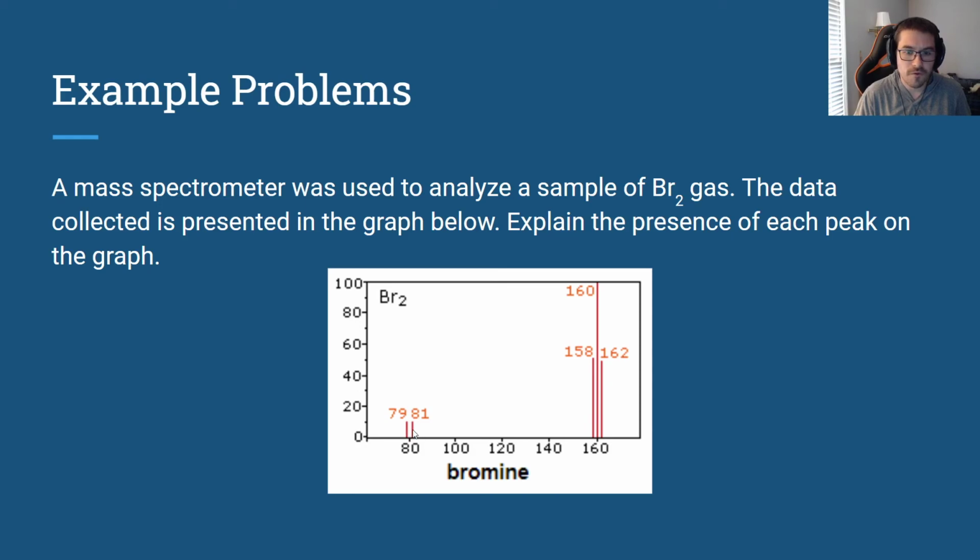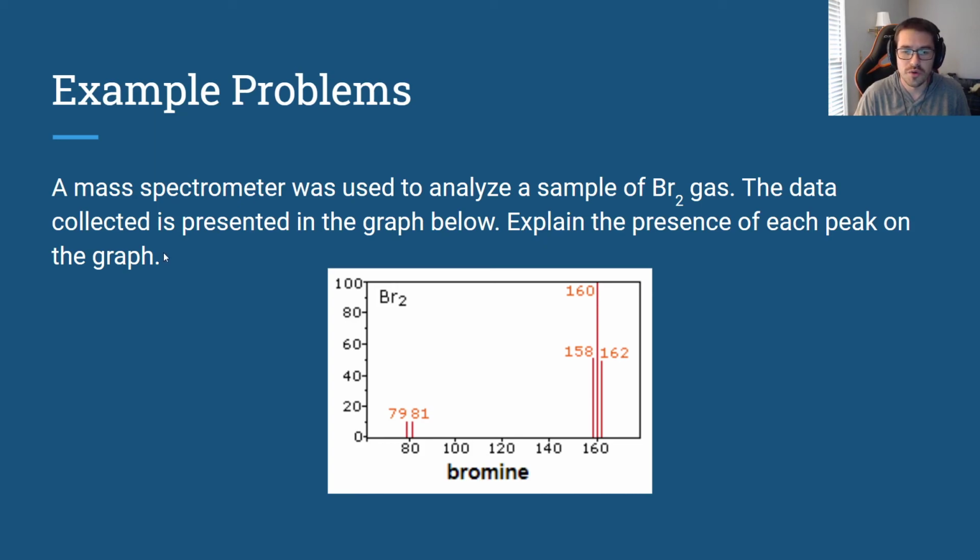It's about 50-50 because the isotopes of bromine exist in a roughly 50-50 relative abundance. And then we just went through an explanation of why these peaks are the way that they are. Now this only says the presence of each peak, not necessarily the relative height, so it could be a little bit simpler than that. But there you go. This is a pretty tough problem.